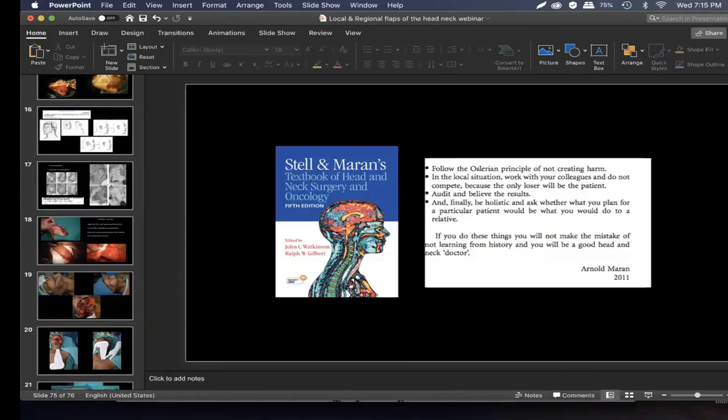The commonest causes of venous congestion are either too tight a closure, or the tunnel is too tight, or the flap base is very narrow. So try to make the base of the flap slightly wider, keep your inset and suturing supple, and keep the tunnel a bit more lax.